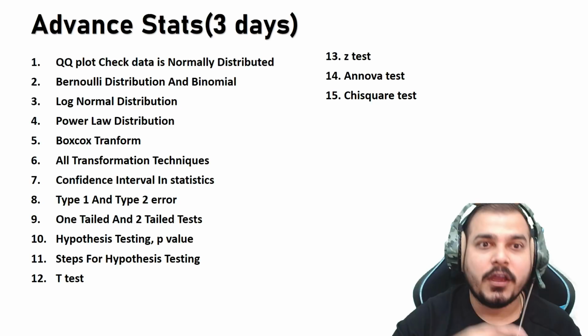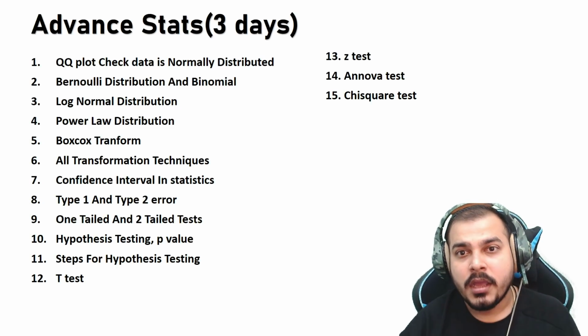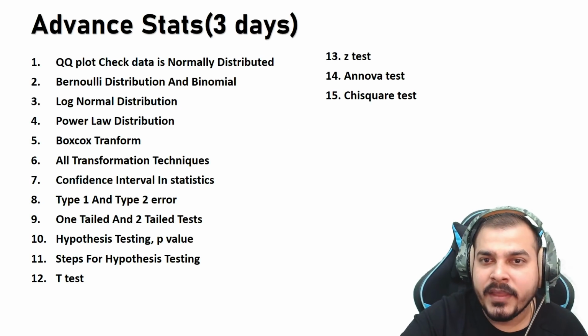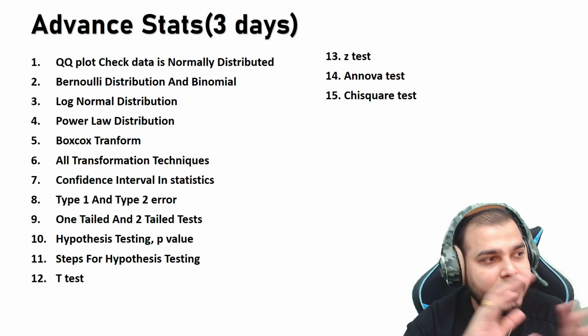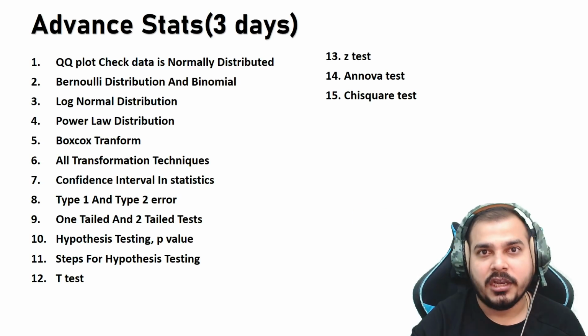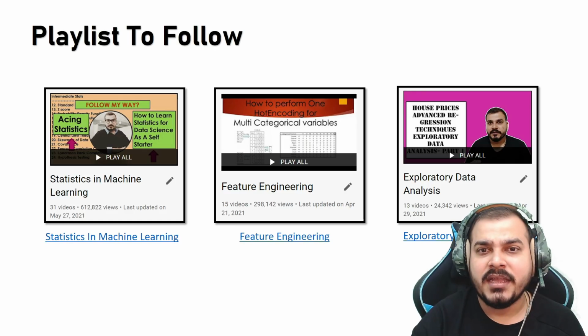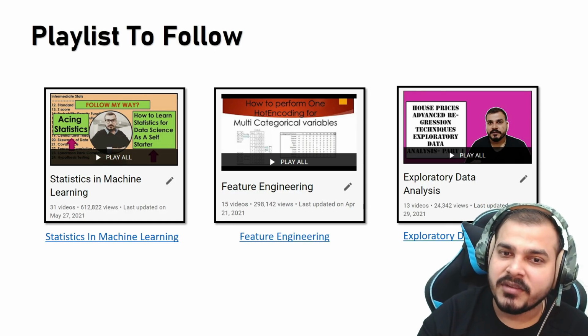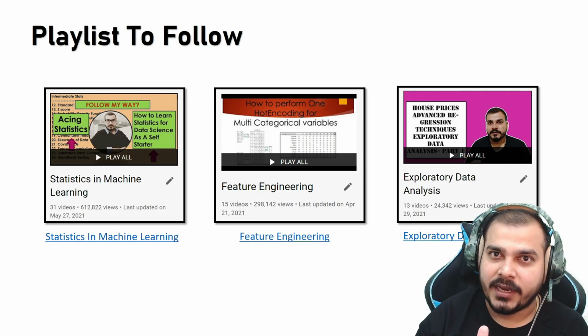Suppose you are not able to find any topic video, you just search for this topic name and just write Krish over there. You'll be able to get the entire information. That video will be there from the machine learning playlist. But again, understand the main 3 playlists are: statistics in machine learning, feature engineering, and exploratory data analysis.